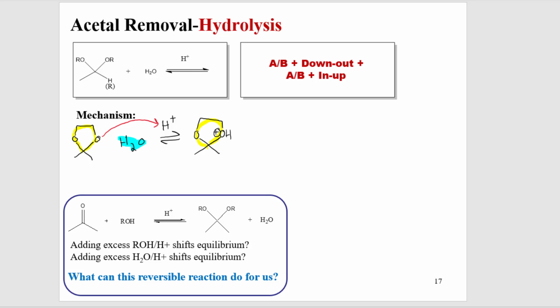Remember what you're driving off. Okay, well, do you want to do an SN2? Have we ever done an SN2 with these? No, this is all a series of in, up, down, outs. You can do down, out before you do in, up. So let's use the other oxygen to assist the leaving group intramolecularly. This is our down, out.